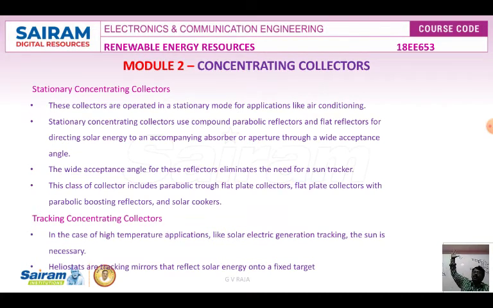The receiver is kept in the tallest tower, so the sun's energy will be tracked and converted into heat energy, and that heat energy is converted into mechanical energy, and mechanical energy is converted into electrical energy.